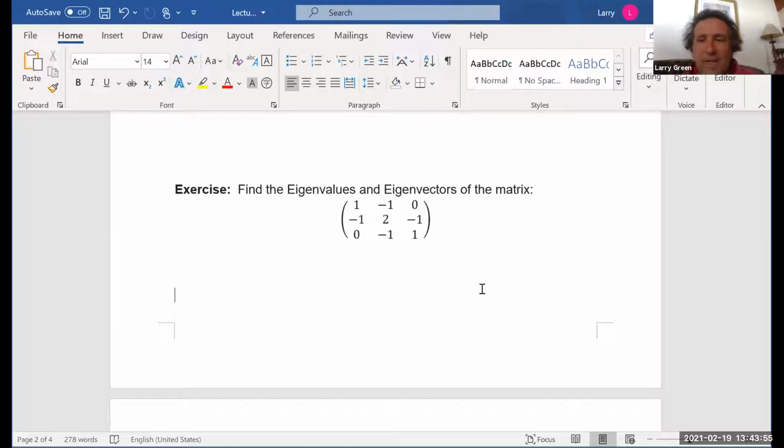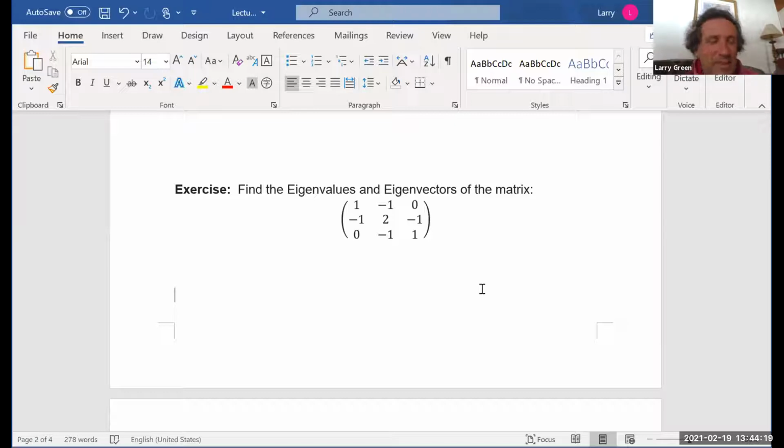This one's going to be a bit messy, and I guarantee that the numbers are nice, which is important because it's a 3 by 3 matrix, so you're going to get a third degree polynomial. If the numbers aren't nice, it's hard to find the roots.